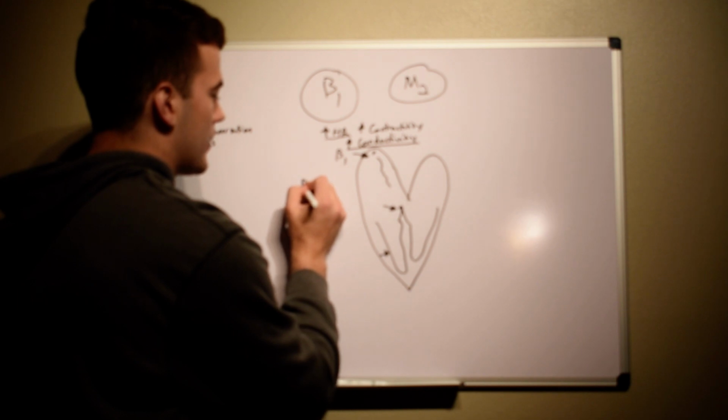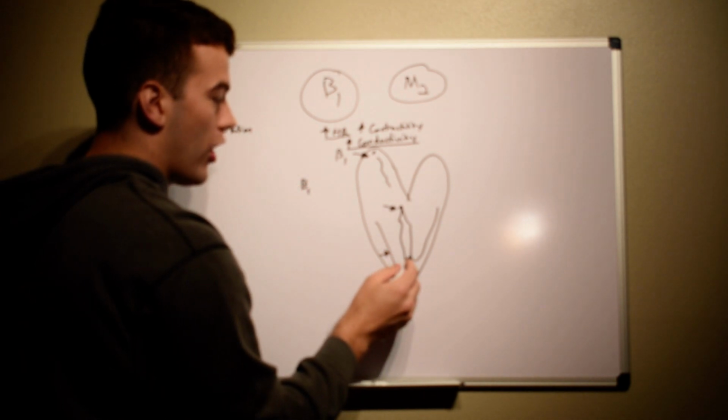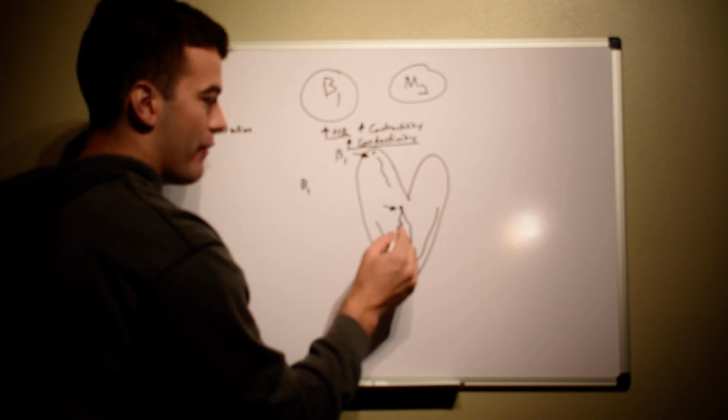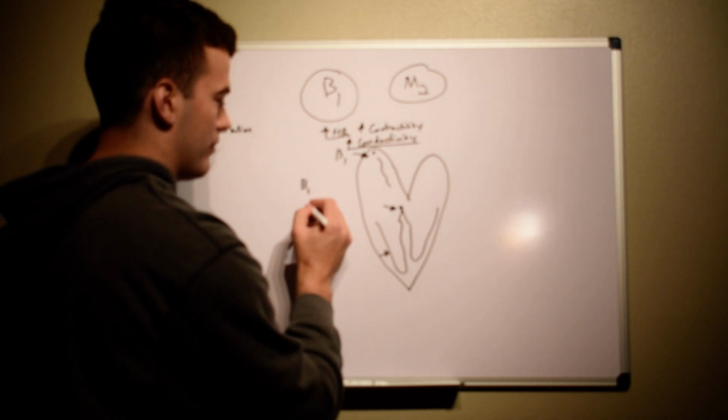So the beta-1 receptors, they act on the Purkinje fibers in the bundle of His system.